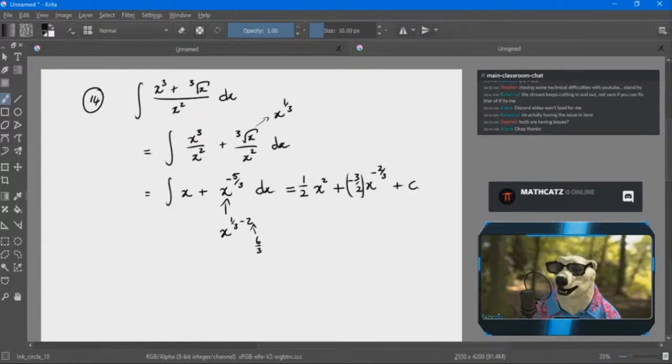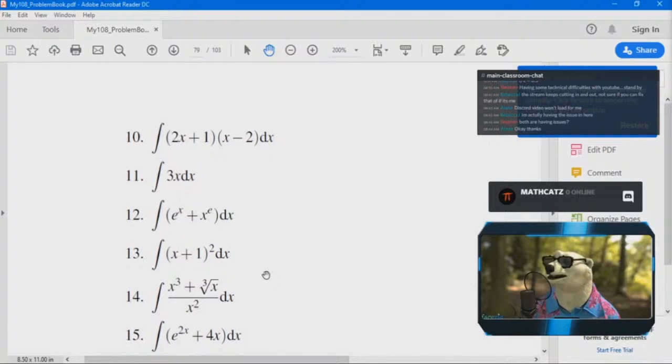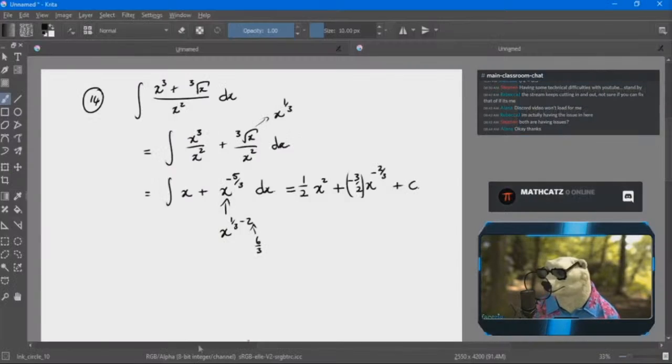So let's keep going. Which one should we do? Let's do number 10 to wrap it up.